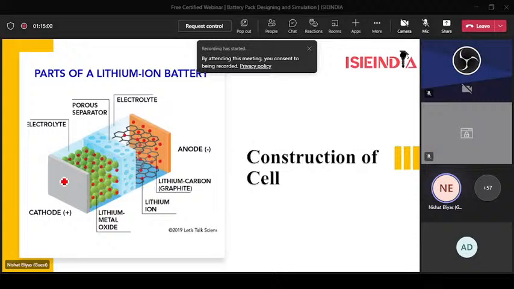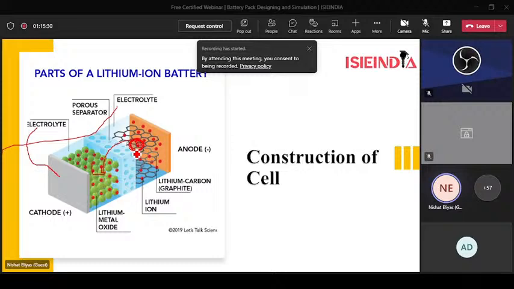The electrons, the charges, move from the cathode side to the anode side, and the lithium ions, which are inside the cell in their oxide form, undergo reduction and go to this graphene.